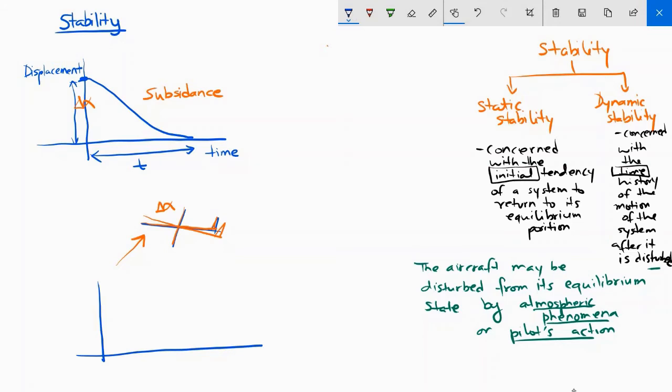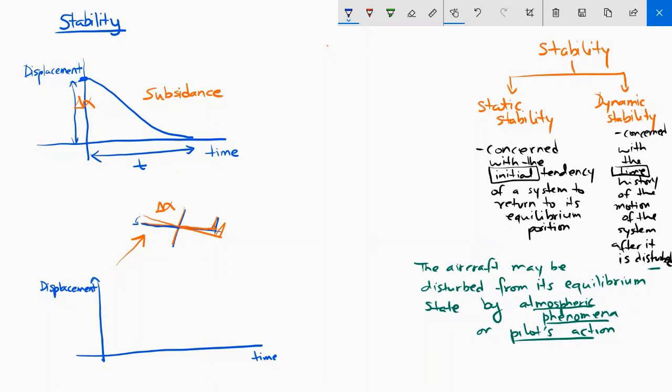So another possibility for displacement versus time is, let's imagine that the gust of wind came and it changed the angle of attack, it increased the angle of attack. Instead of coming back to the original angle of attack, instead of again start to pitch down, the aircraft could just continue to pitch more and more up.